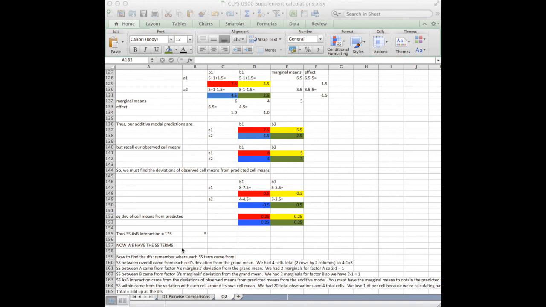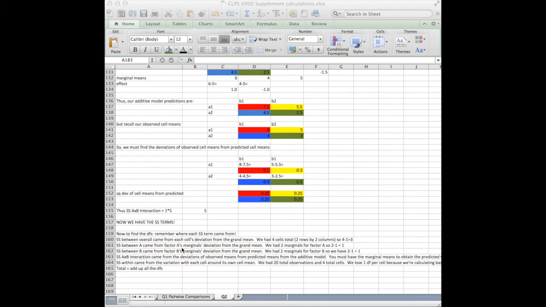The next thing we have to worry about is finding the degrees of freedom. Remember that we found sums of squares between overall based on each cell's deviation from the grand mean. Since we had 4 cells total, 2 rows and 2 columns, we have 4 minus 1 equals 3 degrees of freedom for between overall.